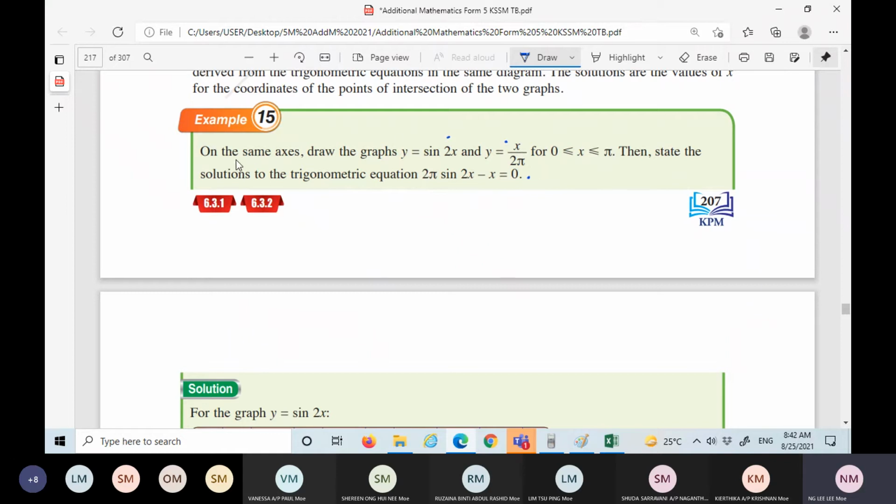First of all, using the same axes, draw these two graphs. Then to state the solution, this must be as accurate as you can, especially the shape of the trigo graph. If your shape is already off, it is very difficult to get an accurate answer.